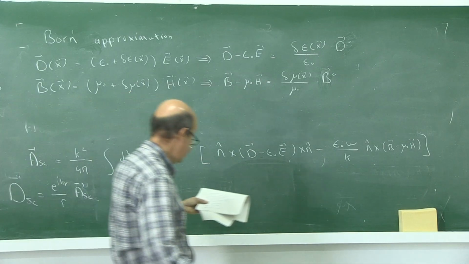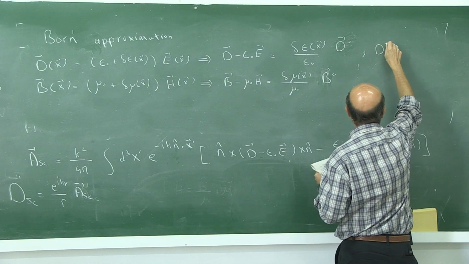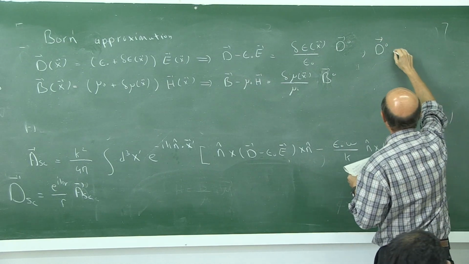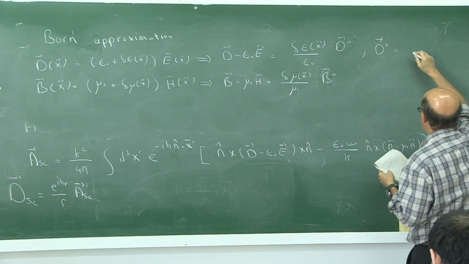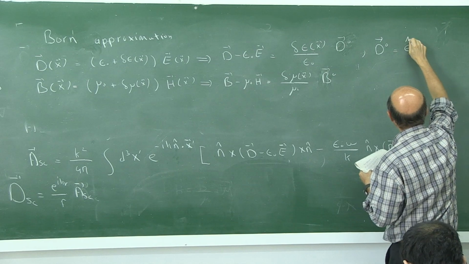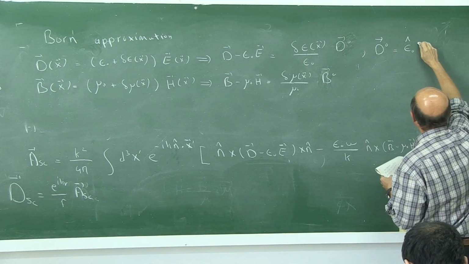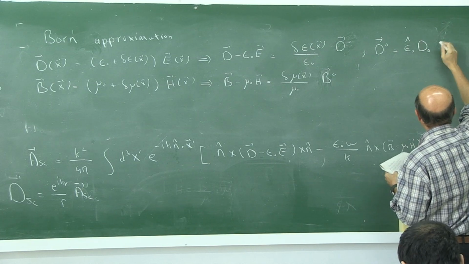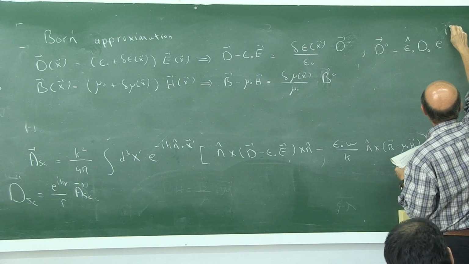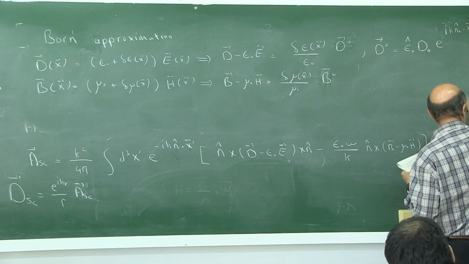So D0 is some polarization of the incident wave. We can call epsilon 0 unit vector, amplitude of the oscillation, and propagation direction e to the i k n0 dot x.